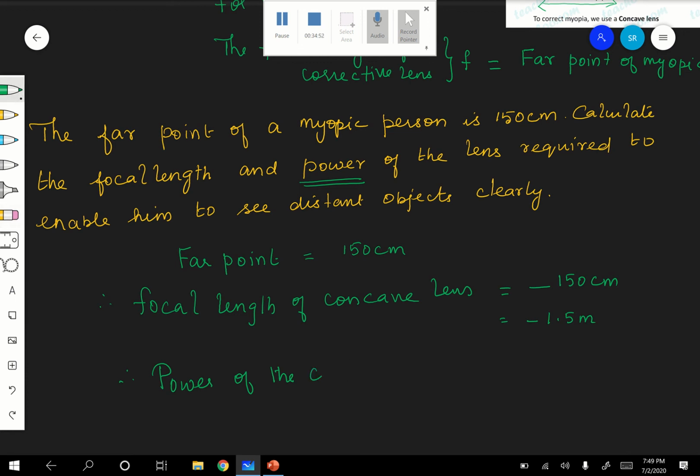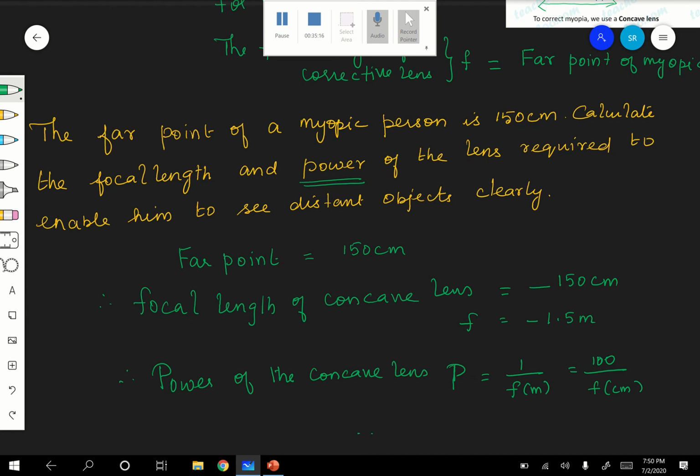Power of the concave lens, P. Here it is f, correct? Therefore, power of the lens is equal to 1 by f in meter, or 100 by f in centimeter. We have seen that in the previous chapter.